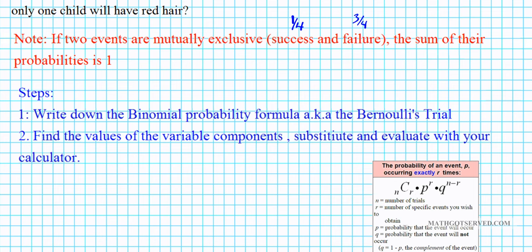Okay? So let's go ahead and write down the formula first. Probability of R, that's the number of children that they want.